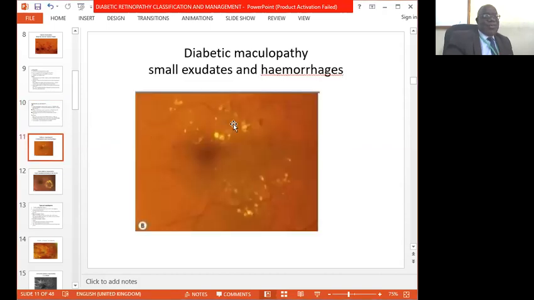These are the exudates, small exudates, the white stuff, the yellowish stuff. These are the exudates. They are coming from capillaries and showing. The red ones are the hemorrhages. And this is the fovea area, I think, there.